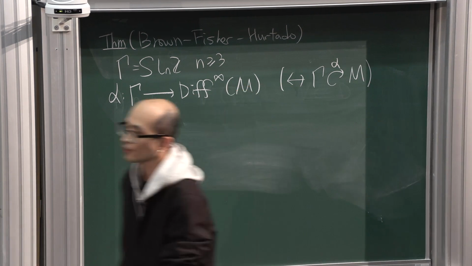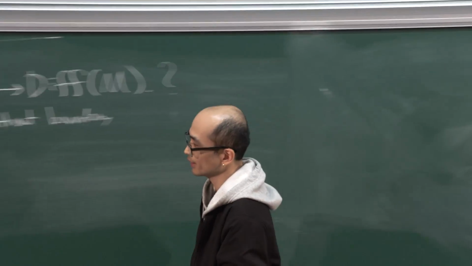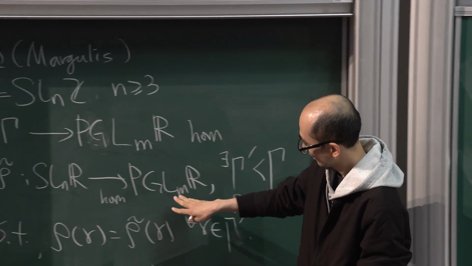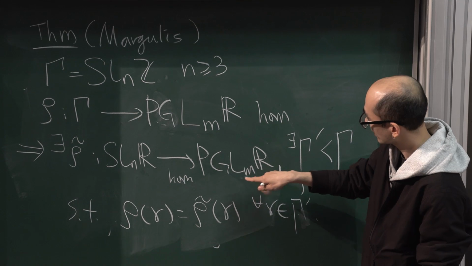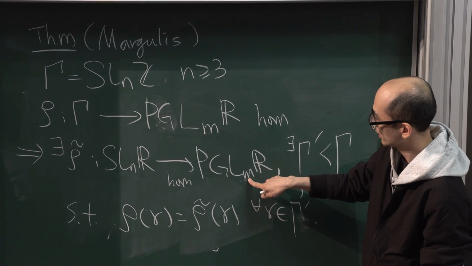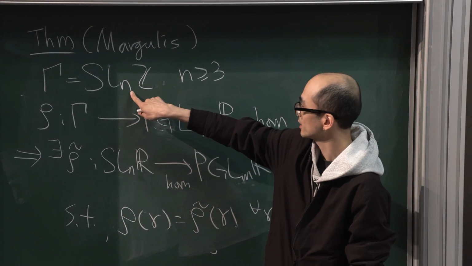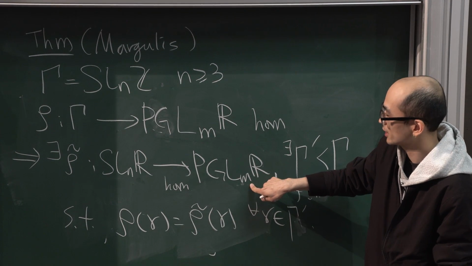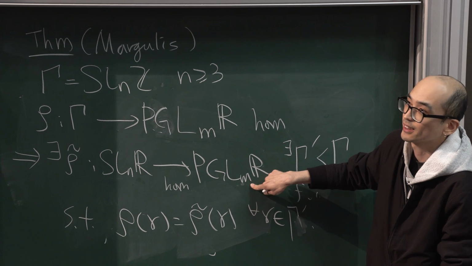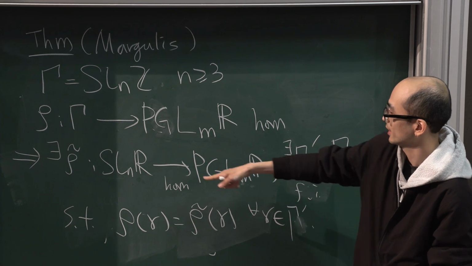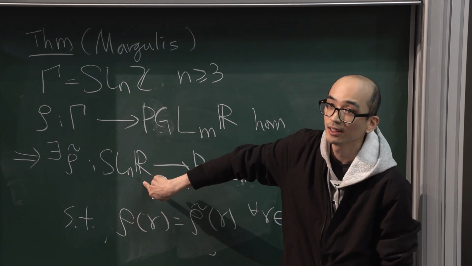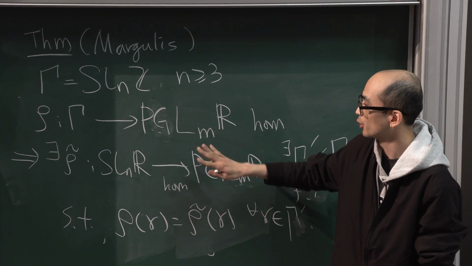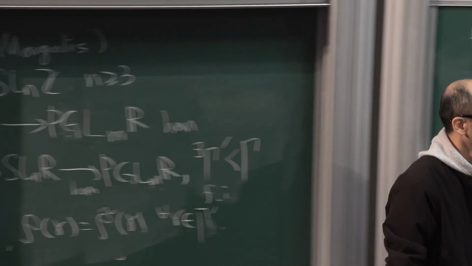Now if you think about Margulis superrigidity, then you can easily see that if your target is very small, so for instance, your gamma is SL_n Z and your target is just PGL_3 R, then there is no room for SL_n R, right? So basically there is no non-trivial homomorphism.